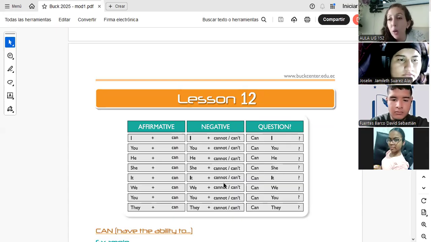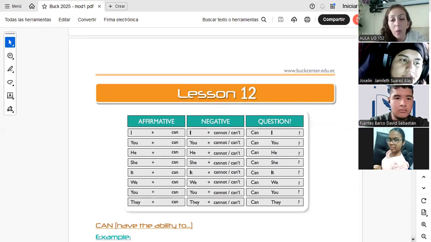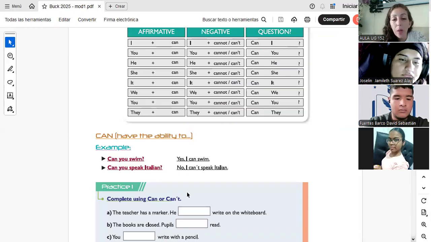And that verb in affirmative sentences, in negative sentences, and in questions will always be in the infinitive form, the original form of the verb. So here we have can to transmit the ability.